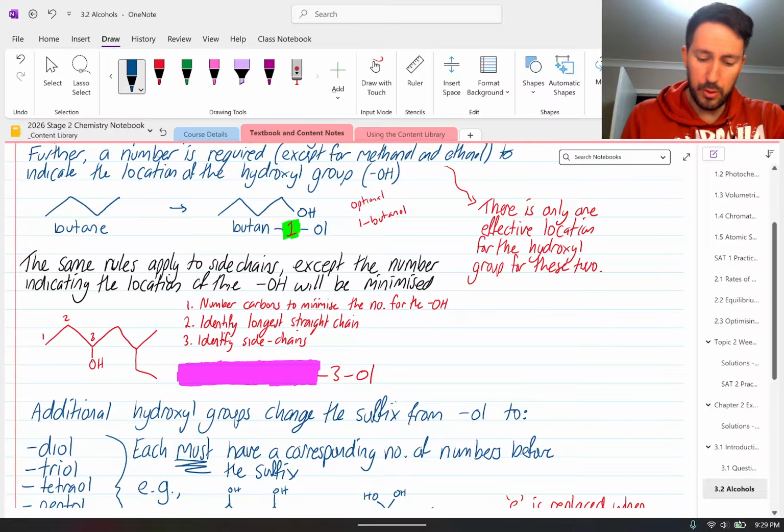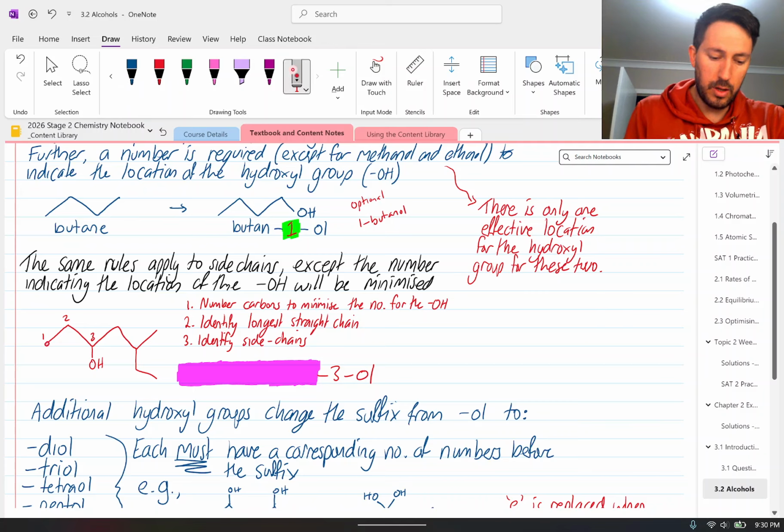I'll use some blue pen to hopefully show up a bit more clearly on this pink highlighter. We need to do the exact same thing as normal, which is count the longest chain of carbons. So we have 1, 2, 3, 4, 5, 6, 7.